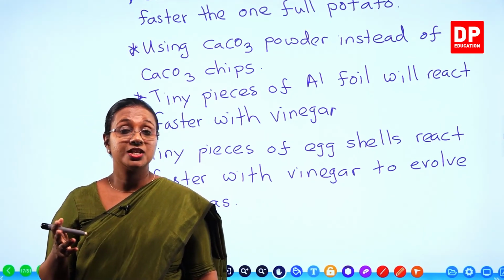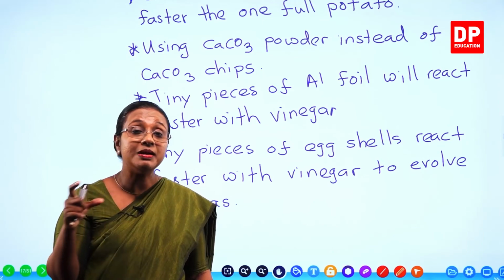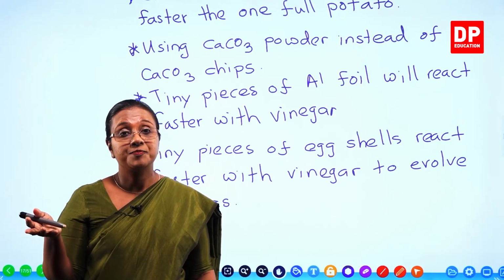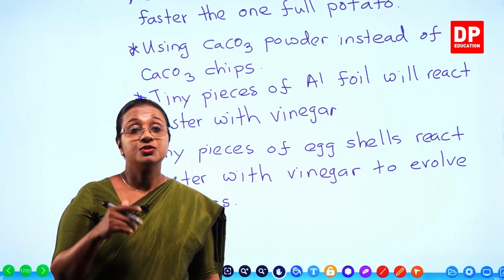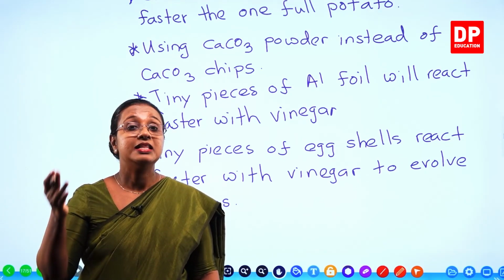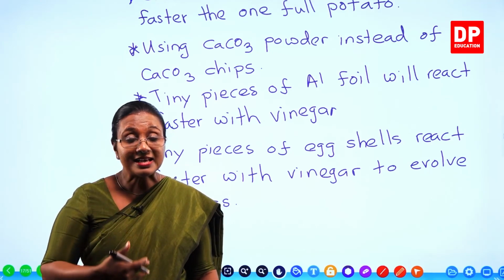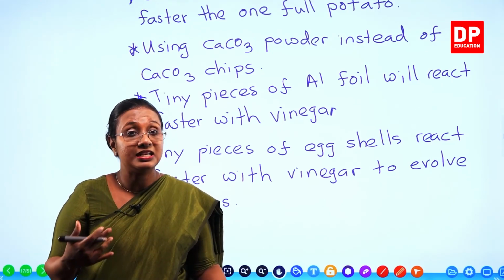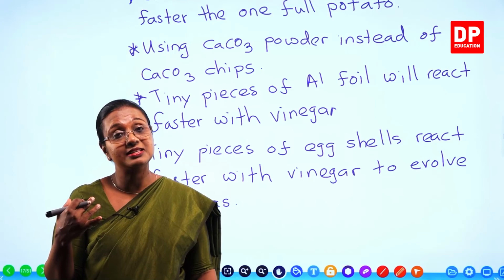And also students, now sometimes we have these medications, tablets and the solution. So sometimes the same thing, for example antacid tablets, they contain a base, there is acid inside our body. For gastritis, acidity, we use these antacid tablets.